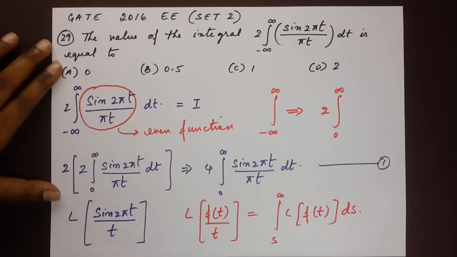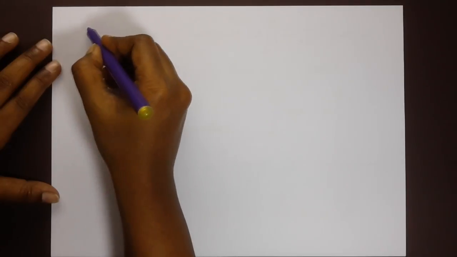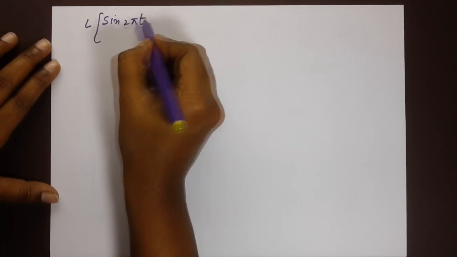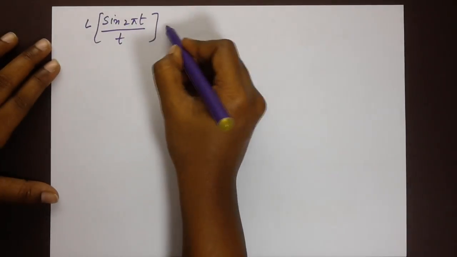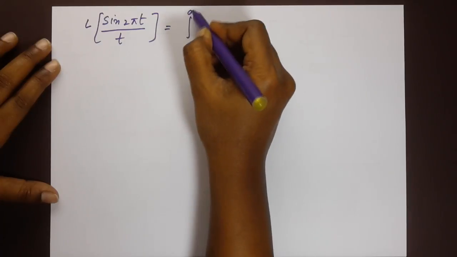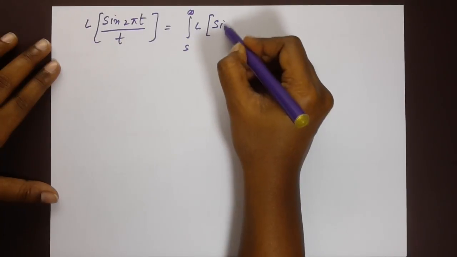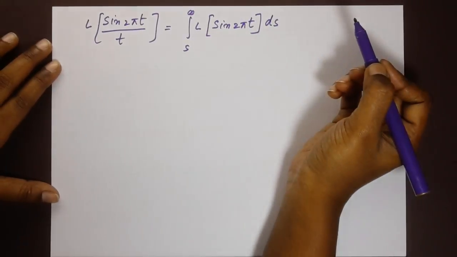Let me just take another sheet of paper and we'll continue. Alright, so now we have Laplace of sine 2 pi t by t. Using the formula, we write it as the integral from s to infinity of Laplace of f of t, so that's sine 2 pi t ds.